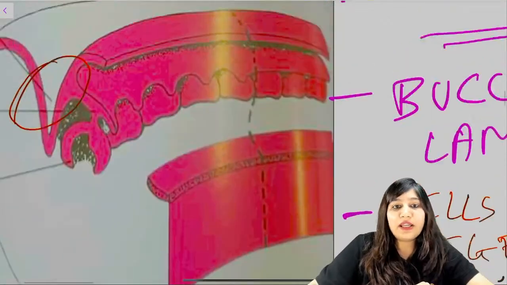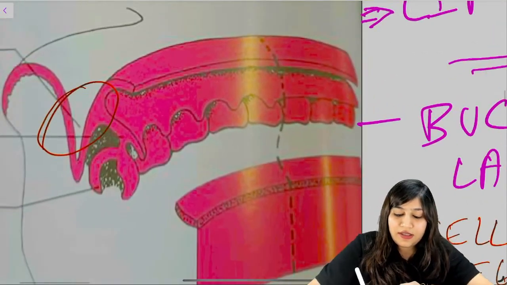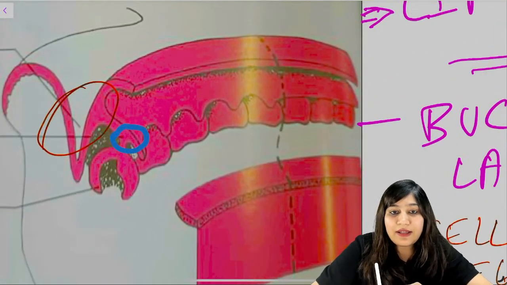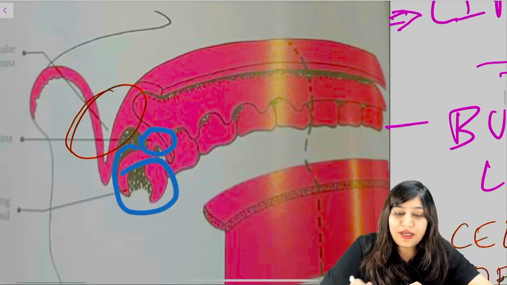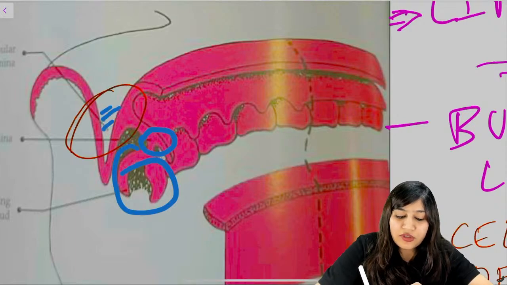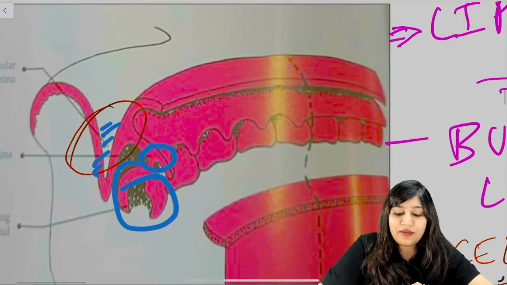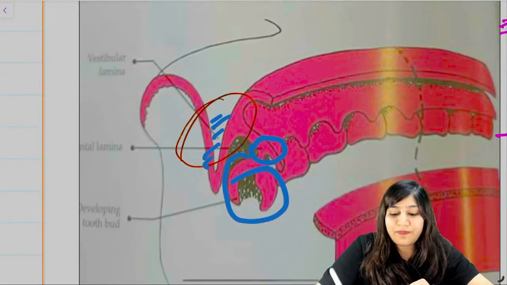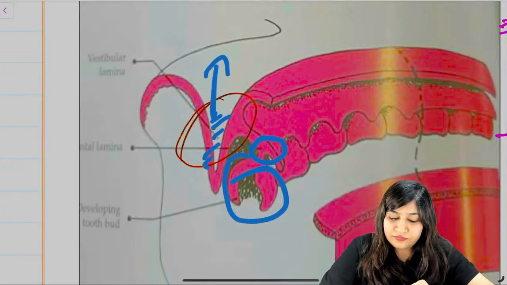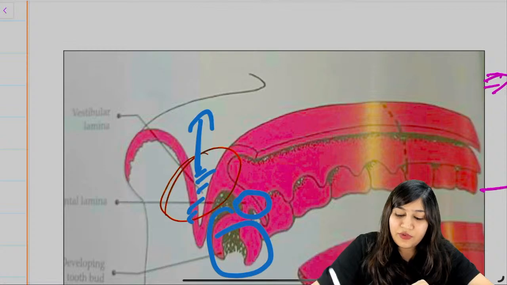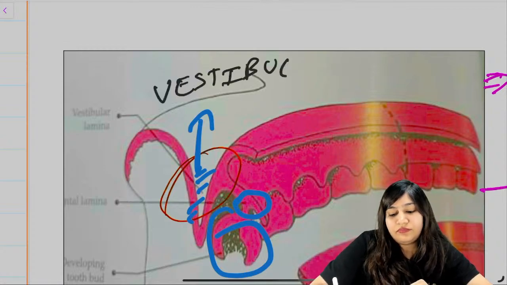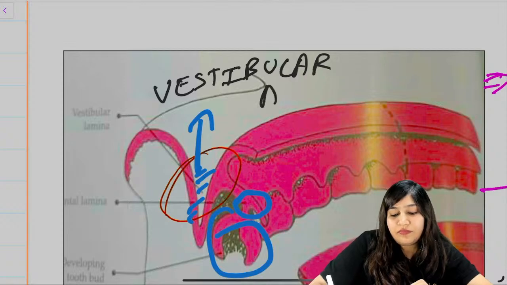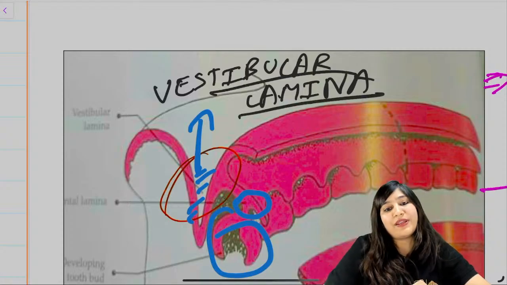In this diagram we can easily appreciate this. We can see this is our dental lamina, primordium for tooth germ, right? And here we can see a hollow structure, that is our vestibular lamina, leading to the formation of vestibule.